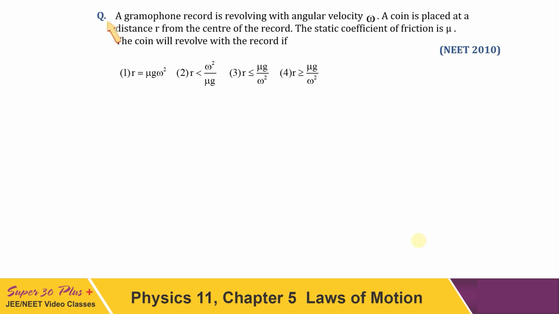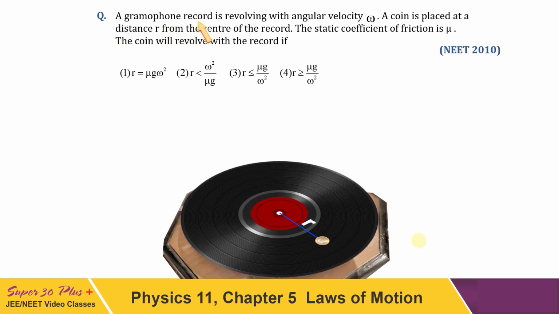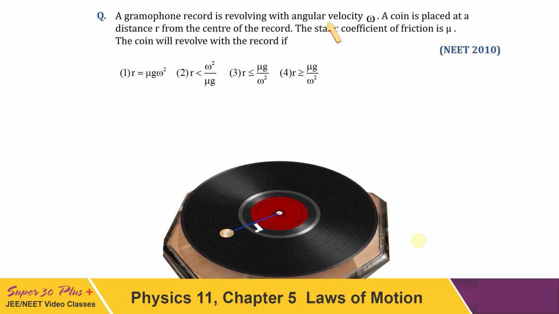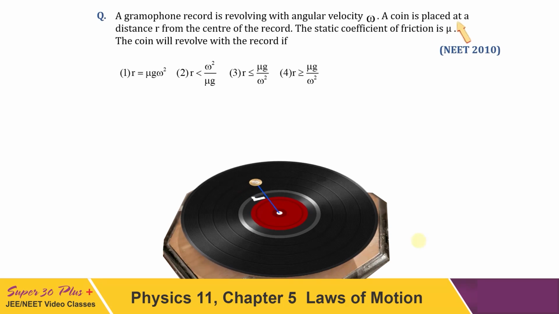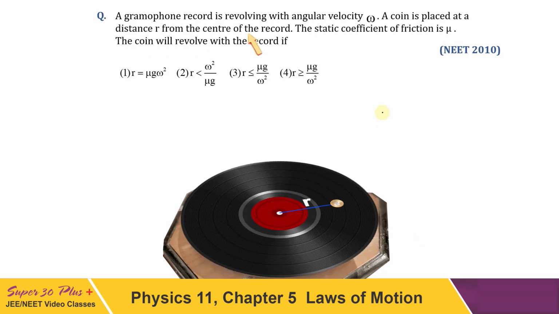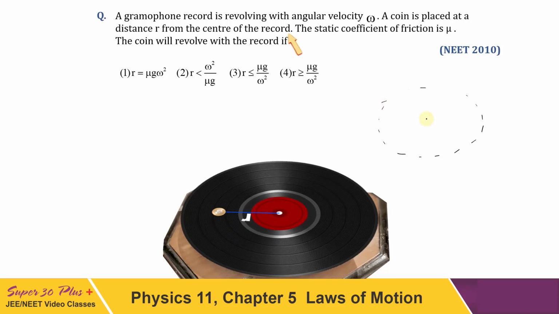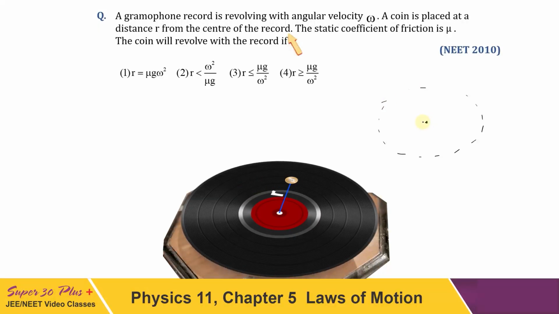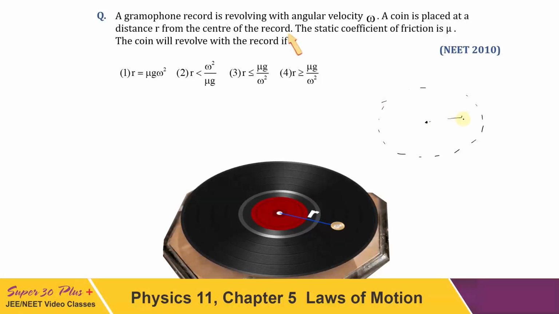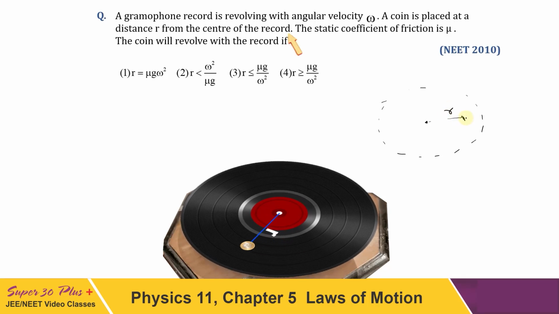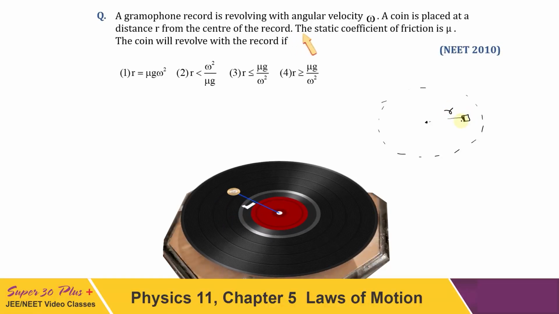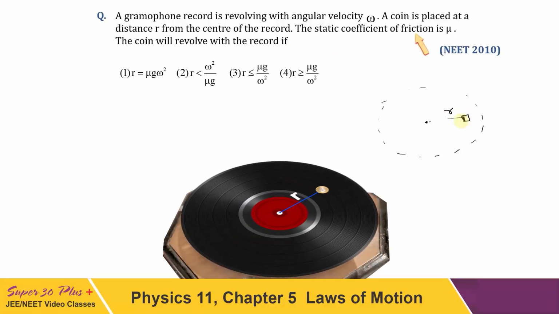In the next question we have a gramophone record revolving with angular velocity omega. A coin is placed at a distance r from the center of the record. Let us draw the situation. If this be the center of the record, the coin is placed at a distance r from here. The static coefficient of friction is mu.